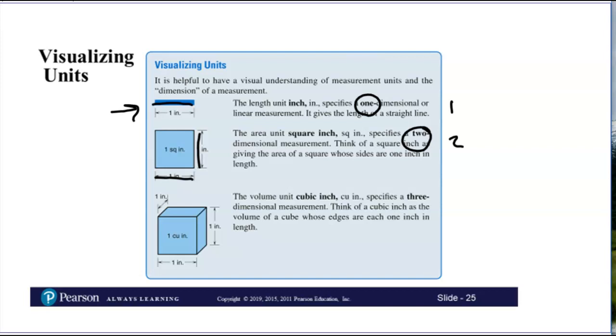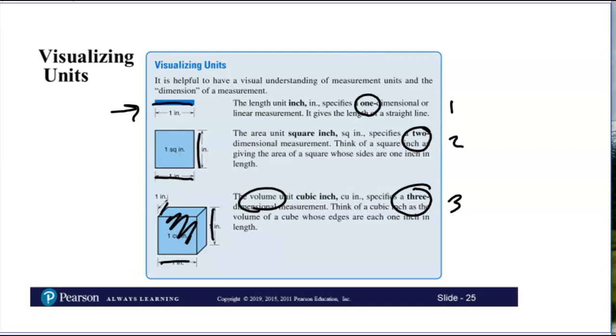This is a two-dimensional representation down here of a three-dimensional object, and it has three different sides that we multiply together, and it measures volume, so you can actually pour stuff in here and it would hold it, and it is measured by cubic inches because it is a three-dimensional object.